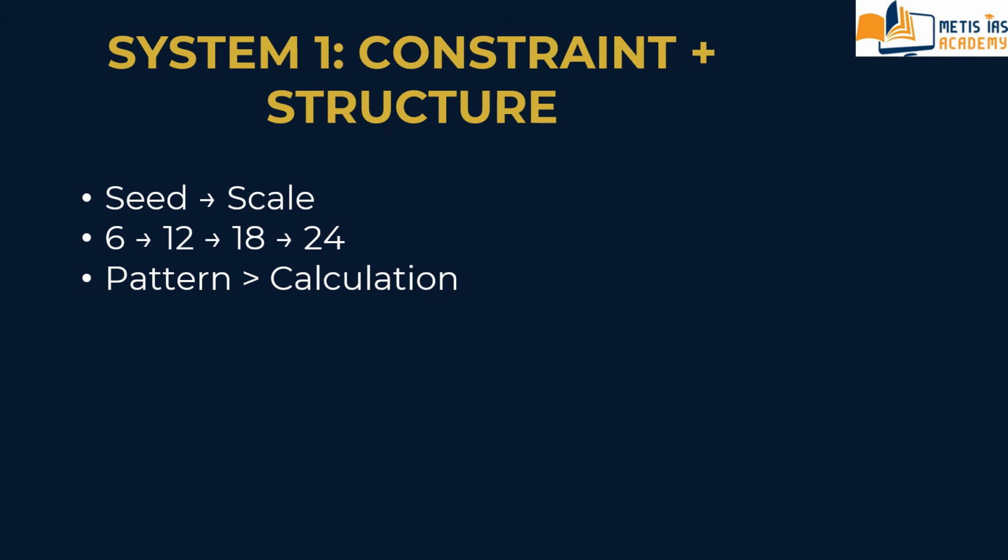The first step is to understand the constraint underlying the question. p, q and r must be distinct factors that sum to n. So this is not arithmetic, this is structure filtering. You have to understand this from the question.